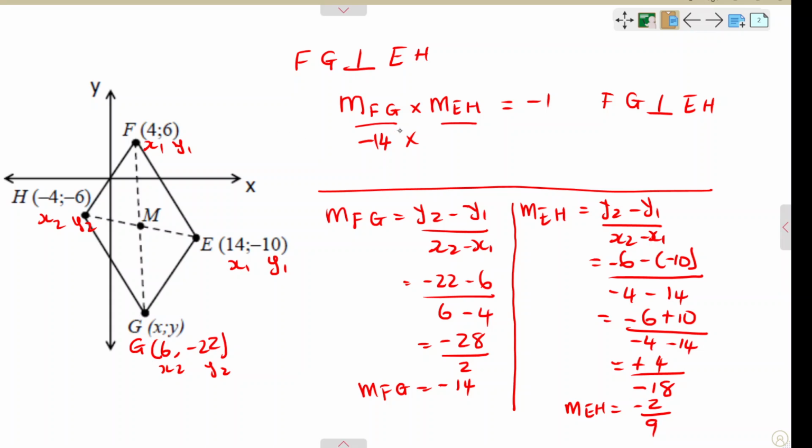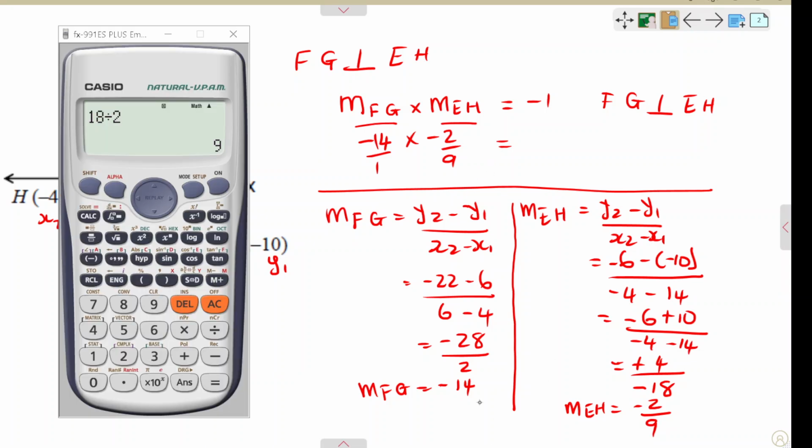So I'm going to put this negative 2 over 9 here. Remember, this 14 is over 1. Now, if I multiply both and I don't get negative 1, that means these two lines are not perpendicular. Let's multiply them.